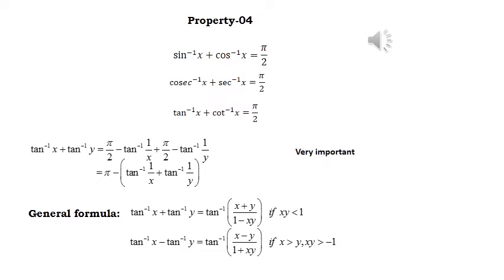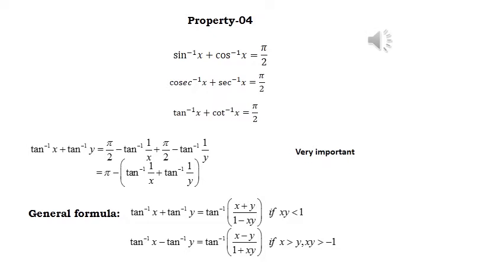The same way, theta 1 and theta 2 are complementary angles, theta 1 plus theta 2 equal to pi by 2. So here theta 1 is sin inverse x and theta 2 is cos inverse x. So sin inverse x plus cos inverse x equal to pi by 2. One set of complementary property.